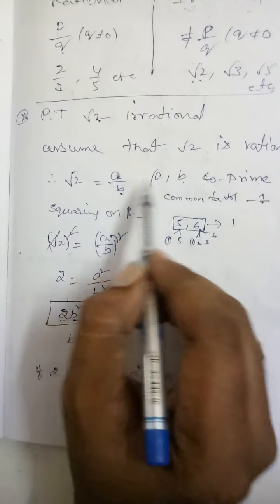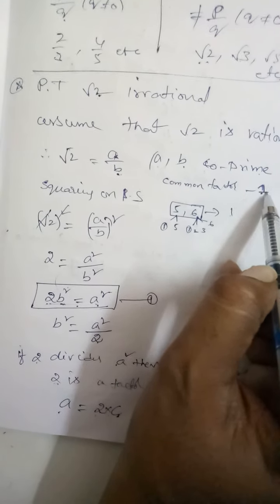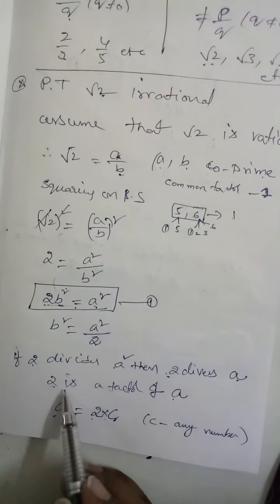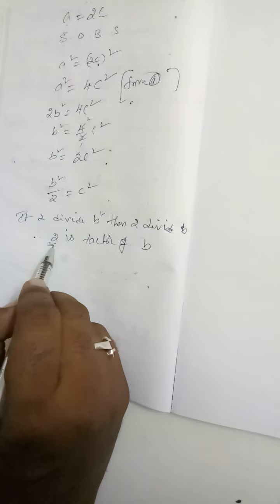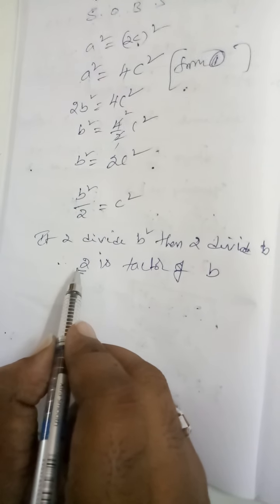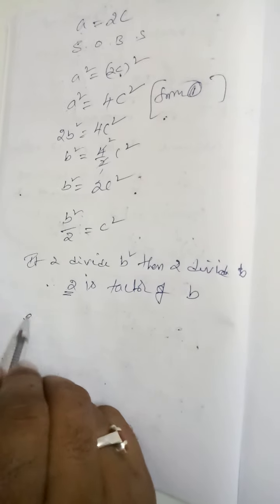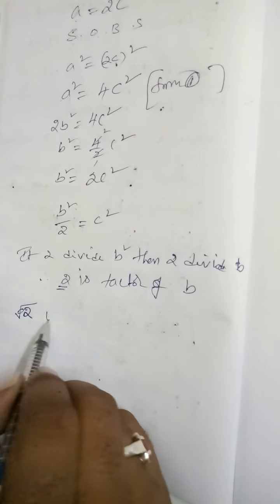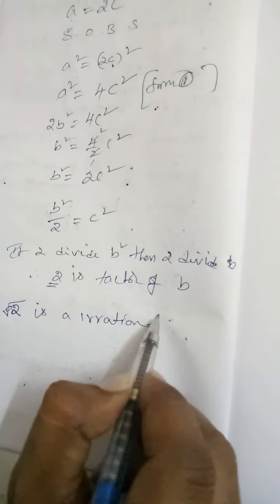But as a condition, a comma b are co-prime numbers, meaning a and b have a common factor 1 only. But here a also has another common factor and b also has another common factor, so a comma b have factors other than 1. So root 2 is irrational. Why irrational?